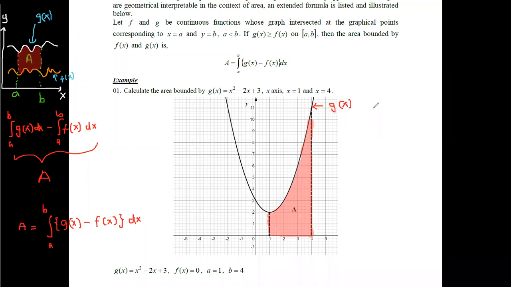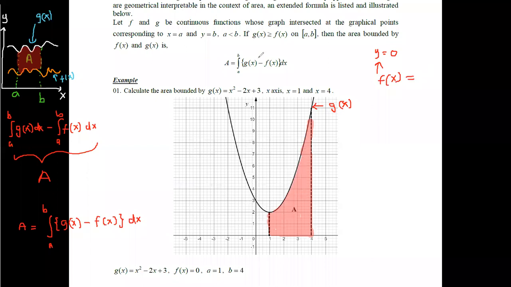Gx is the function we can see here, given as x squared minus 2x plus 3, with respect to dx. Rather than saying x-axis, we can say the x-axis is the value where y equals 0. Here instead of y, we can use fx, so using that concept we can also do it.